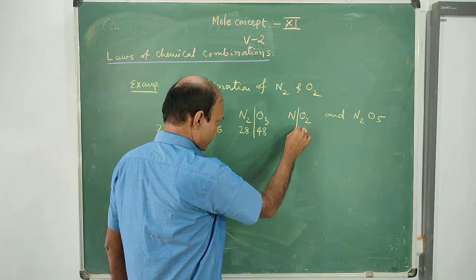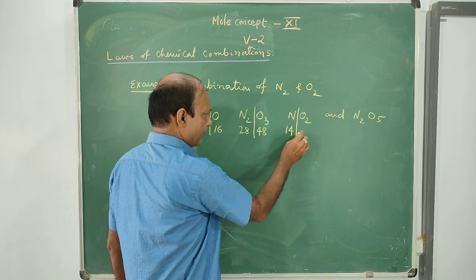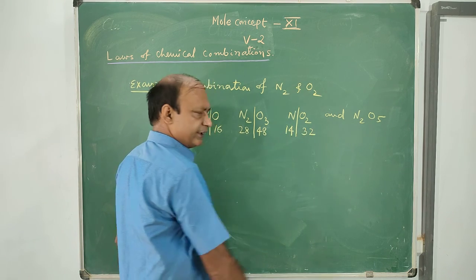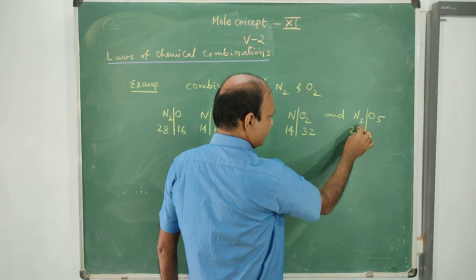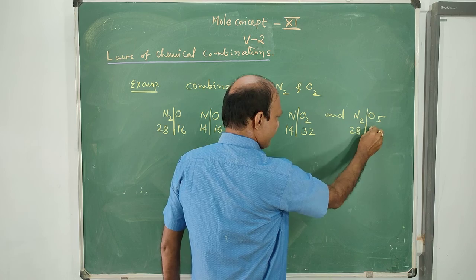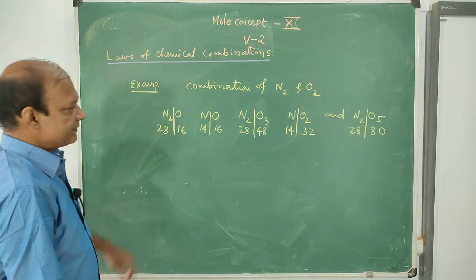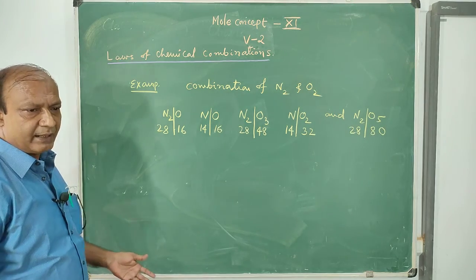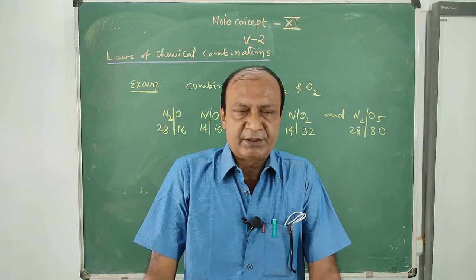In the fourth case, 14 parts of nitrogen combines with 32 parts of oxygen, and in the last case, 28 parts of nitrogen combines with 80 parts of oxygen. These are parts, that is, the mass, so I am saying parts.